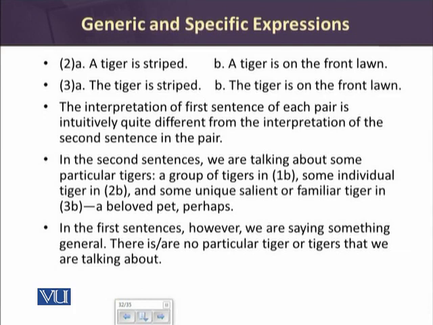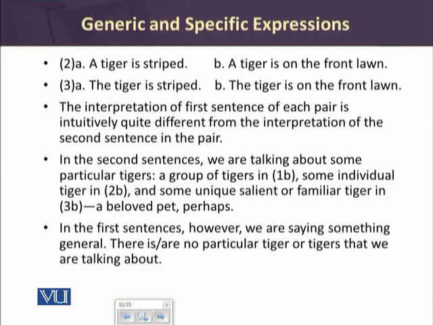For example, a group of tigers in 1b, some individual tigers in 2b, whereas some unique, salient or familiar tiger in 3b. In the sentence, the tiger is on the front lawn, it shows an indication towards a beloved pet, perhaps, or a kind of thing.